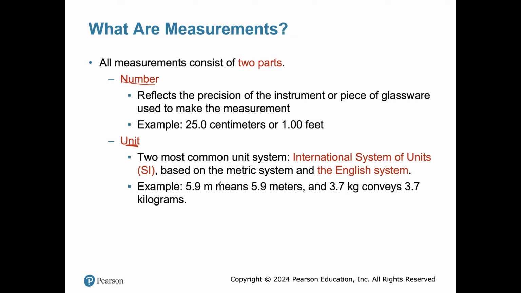So for example, when you look at the international system units, m means meters, right? So it tells you it's 5.9 meters and 2.7 kilograms. kg means kilograms. So this is another measurement in the international system of units.